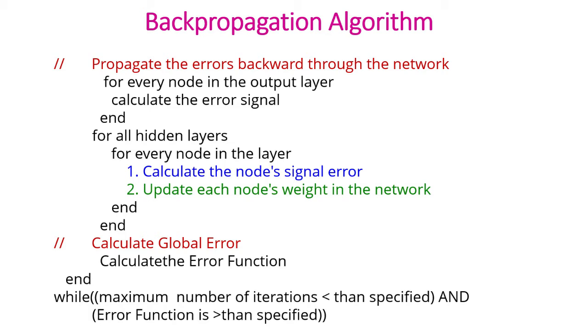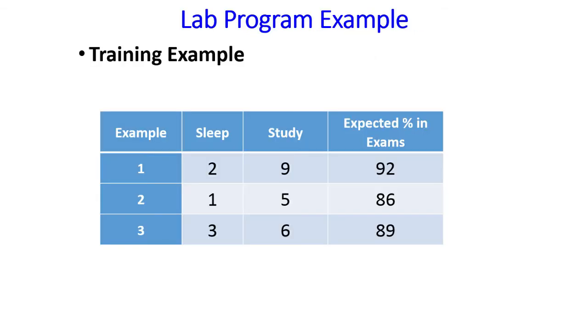The above stated steps need to be carried out till the maximum number of iterations is less than the one specified and the error function is greater than the one specified. The training example considered for backpropagation algorithm is as shown in the figure.